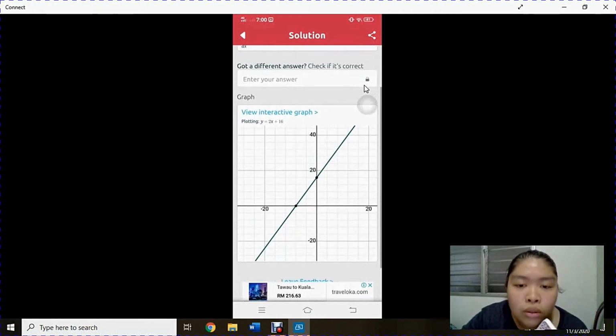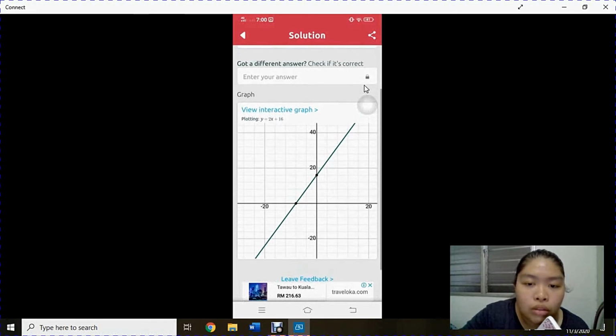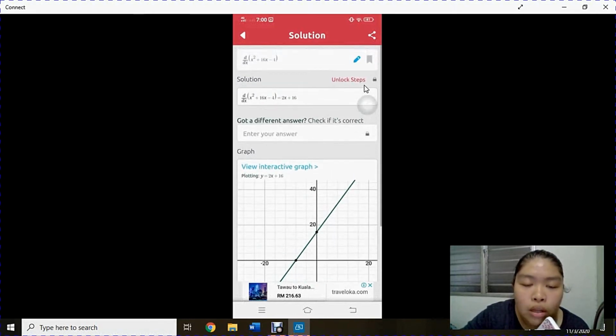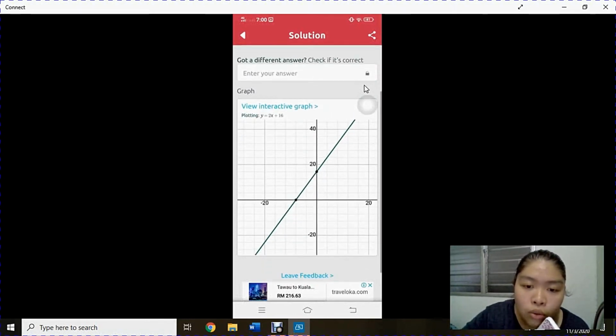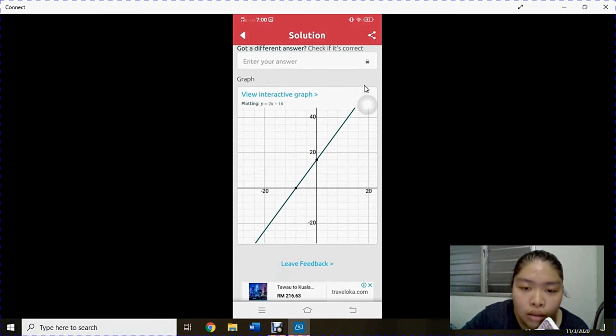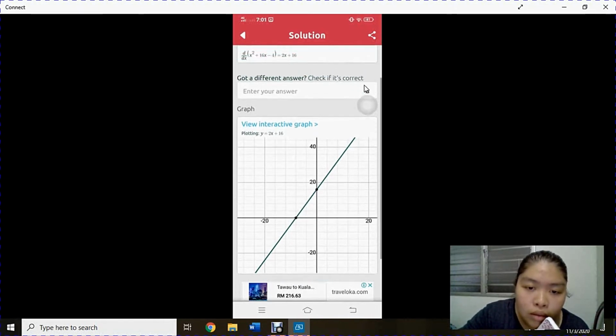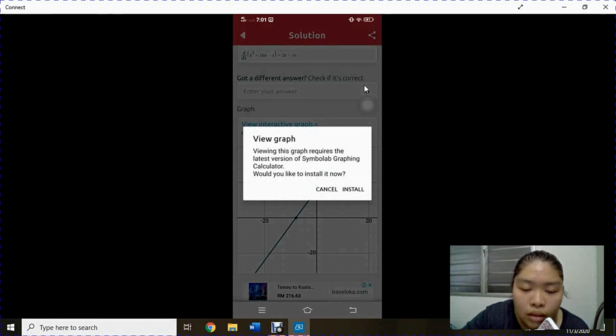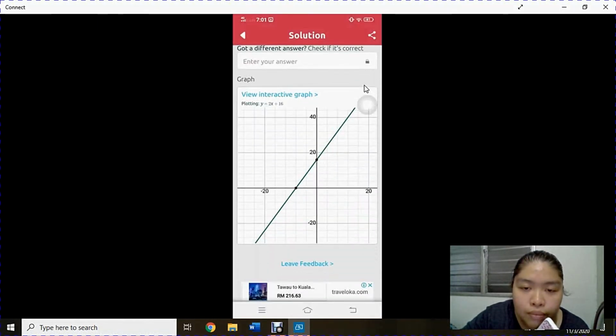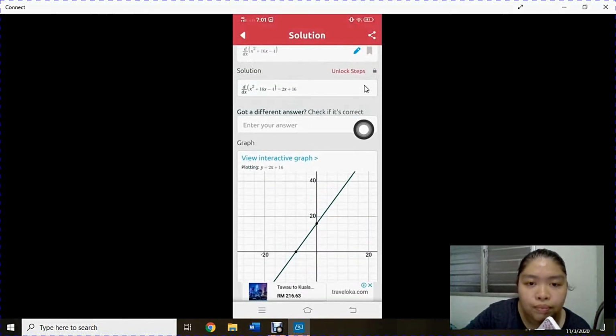Everything that is able to be graphed, they will have a graph for you to see, which is very interesting because you can see here the equation 2x plus 16 shows us a straight line, as you can see here.